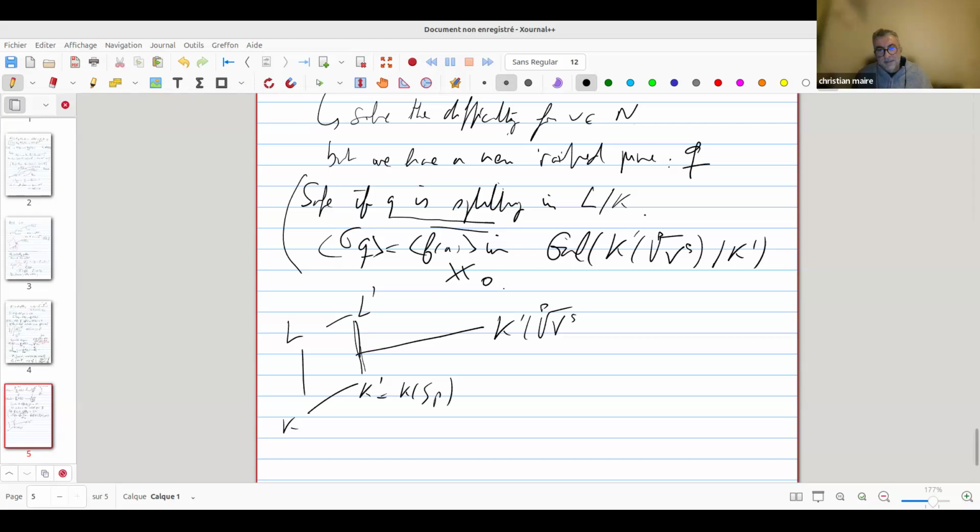So you want Q to be splitting here, so sigma Q, the Frobenius, is not zero here. And you also want the Frobenius here to be zero. Of course, it can be incompatible, and this is the main difficulty.